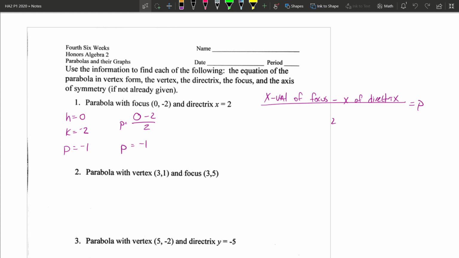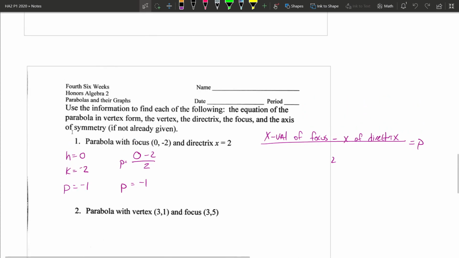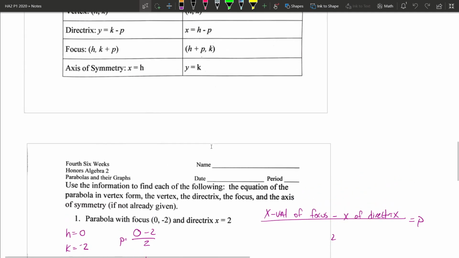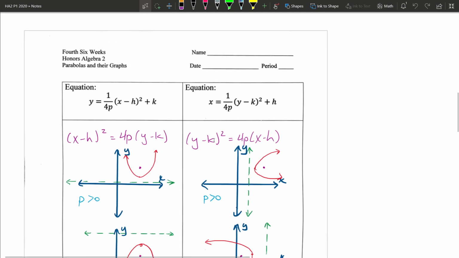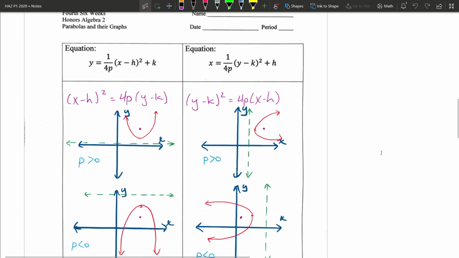So what I'm going to do now is scroll back up to my cheat sheet and start doing what I was supposed to do. The first thing it asks for: what is the equation of the parabola in vertex form? Well, in vertex form, it should be y minus k squared equals 4p times x minus h. And I'm legitimately just going to fill in the k, the p, and the h, and my equation will be done.